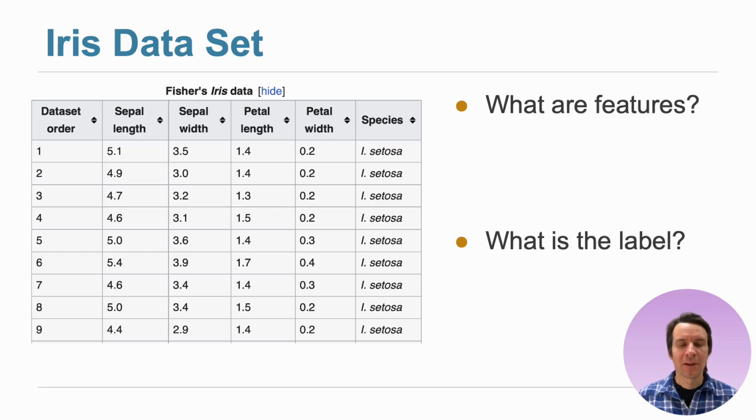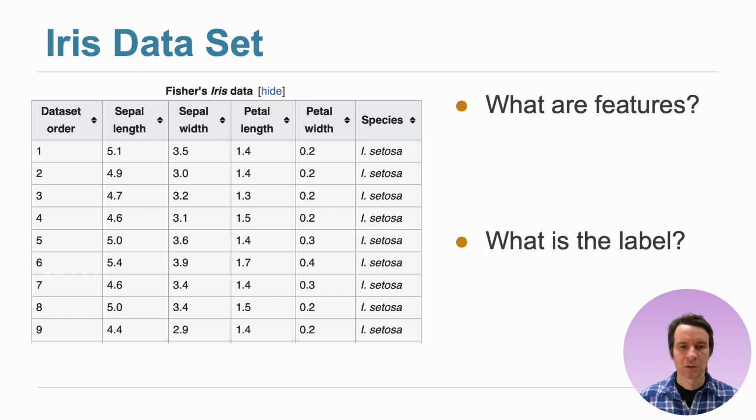Okay? If you are trying to predict the species, then species is the label and lengths and widths are the features. If you would try to predict sepal length, then sepal length would be the label, and the sepal width, petal length, petal width, and species would be the features.